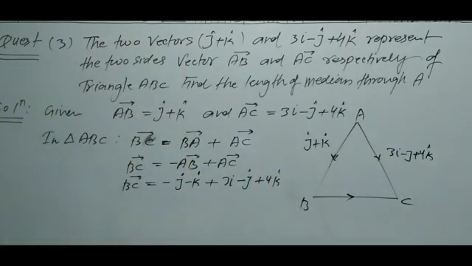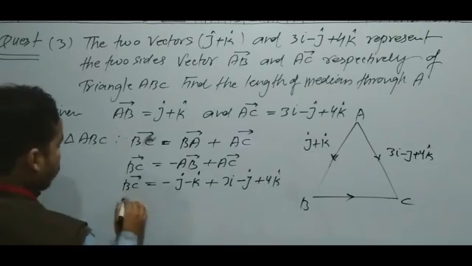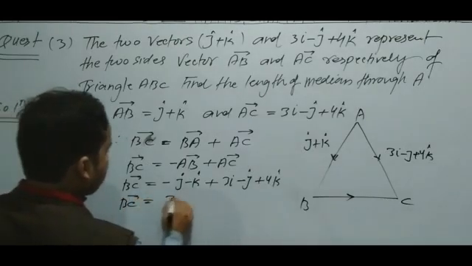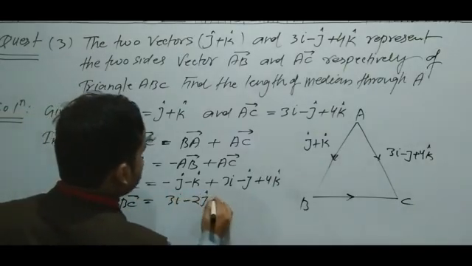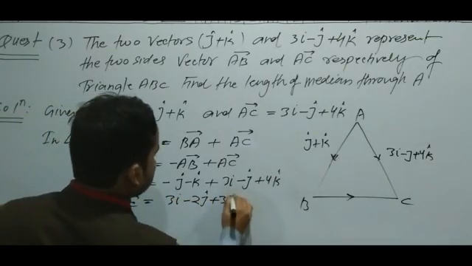After calculation you get 3i minus 2j plus 3k. So BC vector is 3i minus 2j plus 3k.